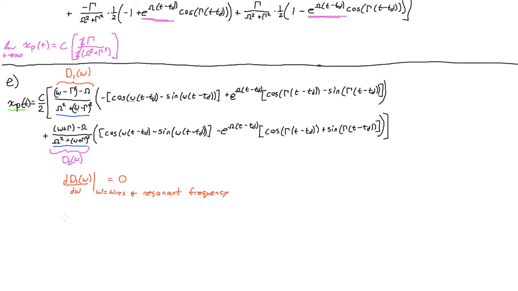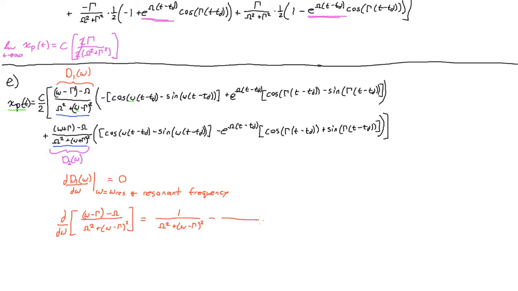So, we're going to have the derivative with respect to omega of omega minus gamma minus big omega over big omega squared plus omega minus gamma squared. So we'll have the derivative of the top, which is just 1, and then times the bottom, which is right there. And then we'll have minus, normally it'd be a plus, but we're going to have a minus when we take the derivative of the bottom.